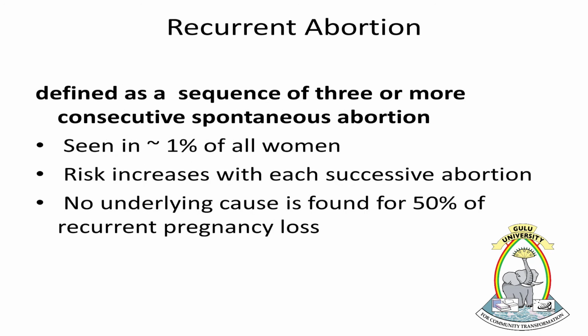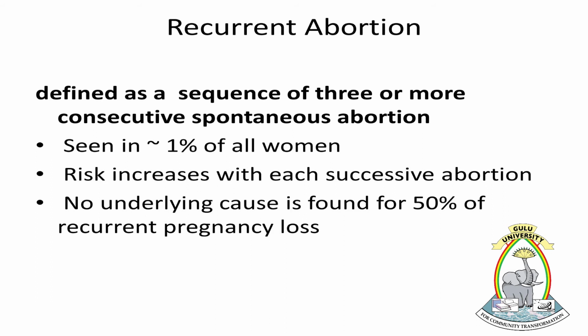That's basically about abortion, but let's also look at recurrent abortion, which accounts for up to 1% of all women. 1% of all women actually have recurrent pregnancy loss. That means that 1 in 100 of them would actually have a problem with recurrent pregnancy and may have losses of pregnancy as defined by recurrent pregnancy loss.